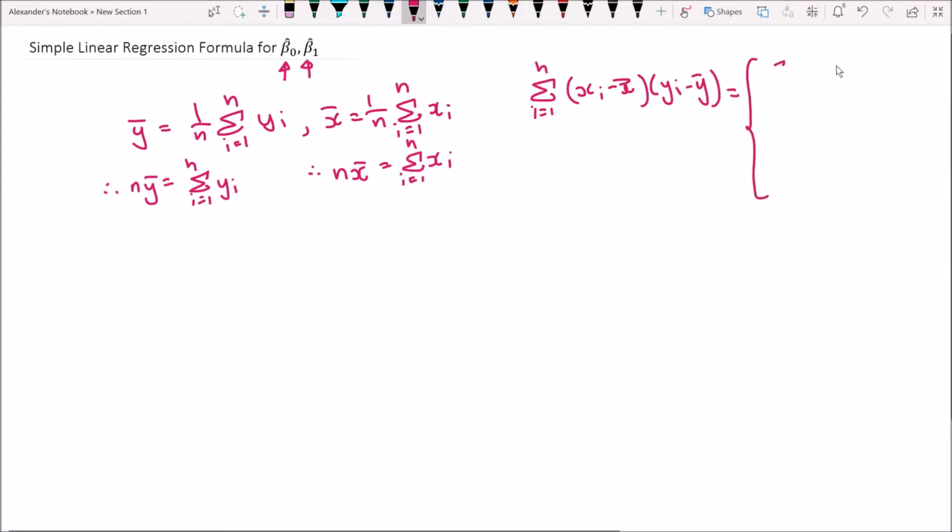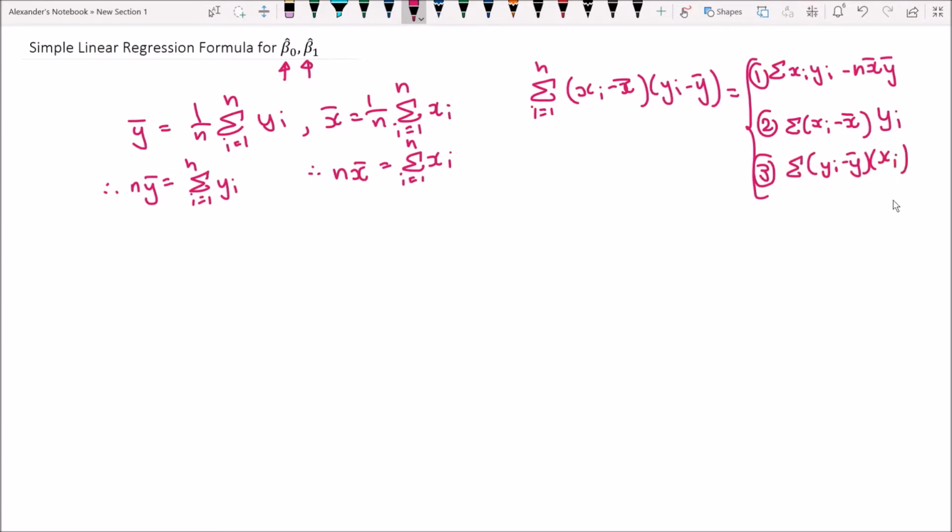The first one is the summation of xi yi minus n x bar y bar. Number two is the summation of (xi minus x bar) times yi. Form number three is the summation of (yi minus y bar) times xi. And all of these things are inside the summation operator for number 2 and 3.